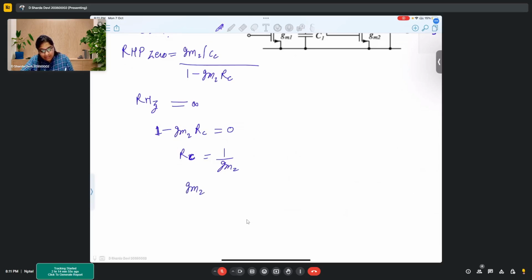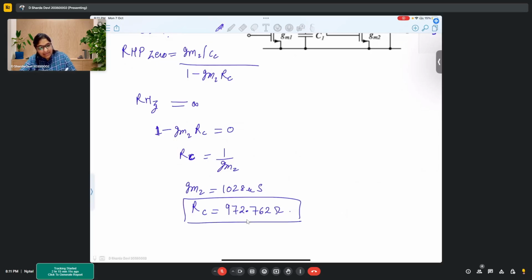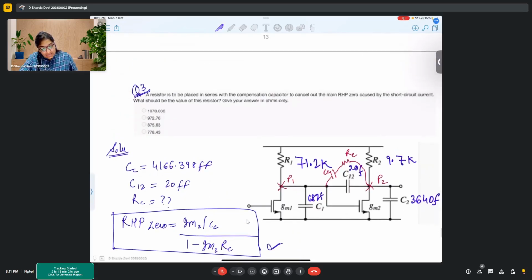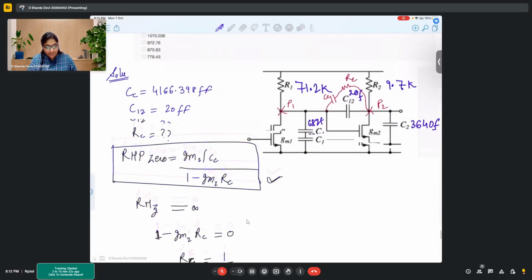And since GM2 is 1028 microsiemens, RC comes out to be 972.762 ohm. So again, this formula can be observed in the lectures. So you can find it from there. And this is how we can solve this problem.